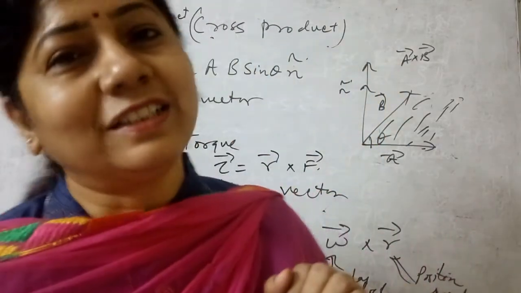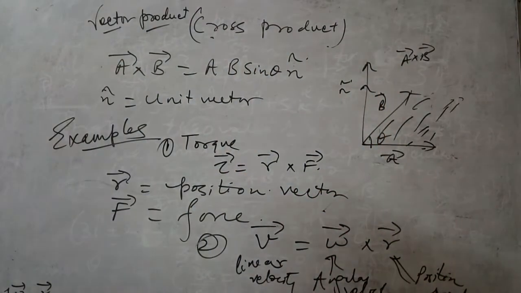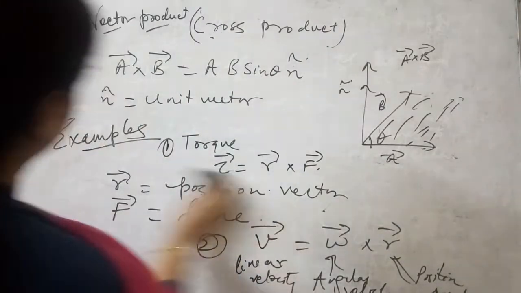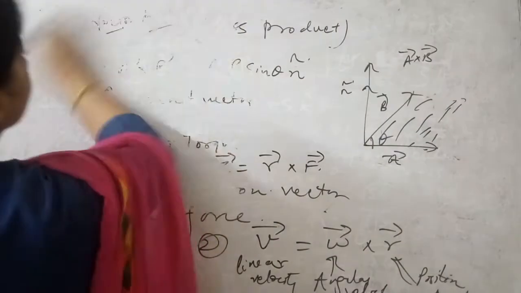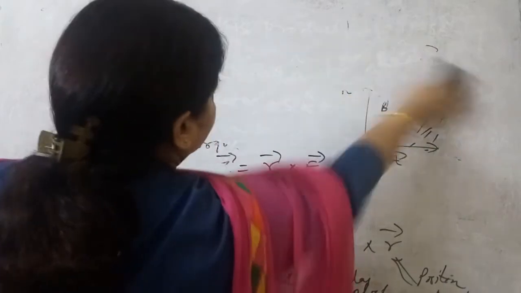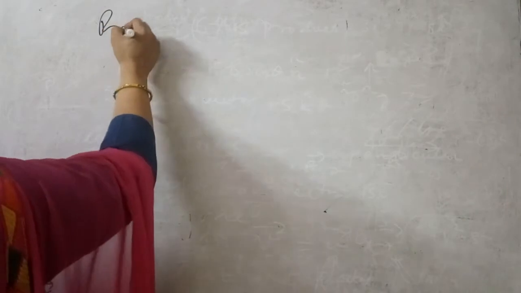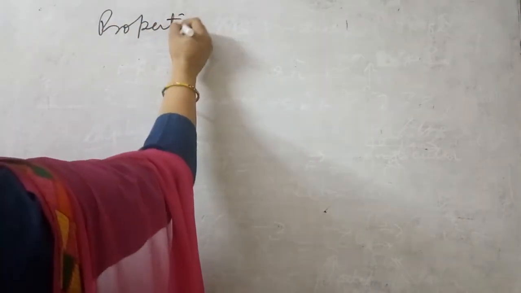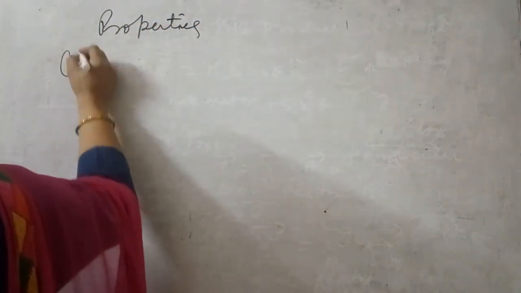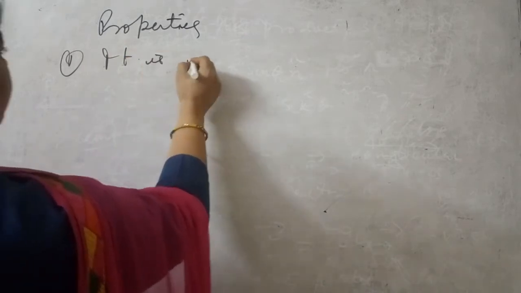Now let us do some of the properties of the vector product. Number one, it is not commutative.